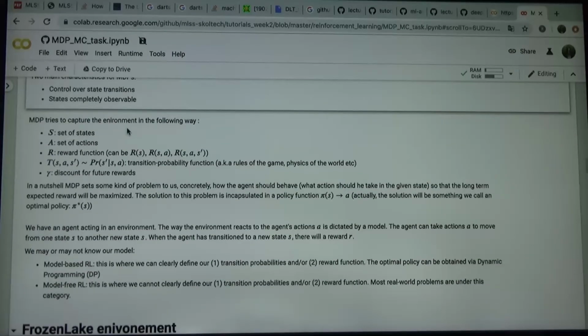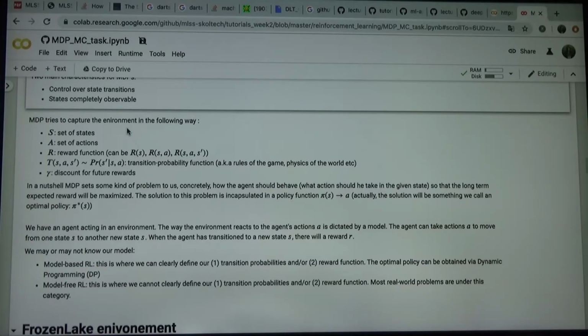Another thing is, usually when we talk about an MDP, we mean some problem. It can be going from point A to point Z, it can be making your robot stand straight, it can be grabbing something with a robotic arm, but the problem is there. How can you do it? The solution to this problem is the policy function.